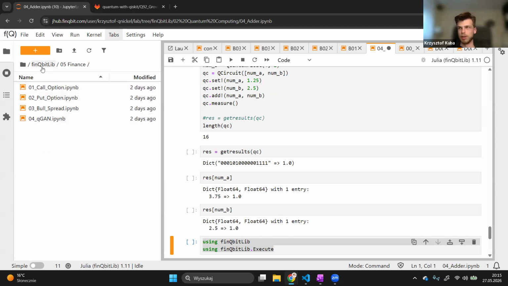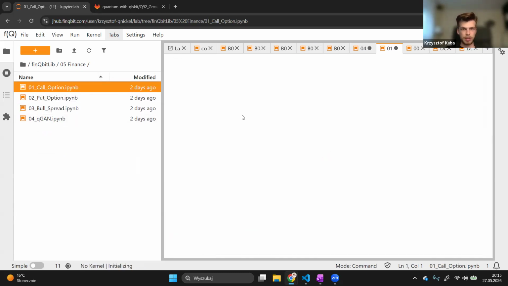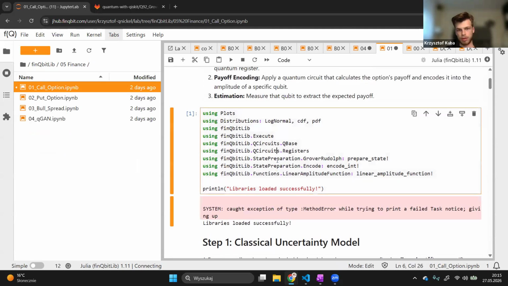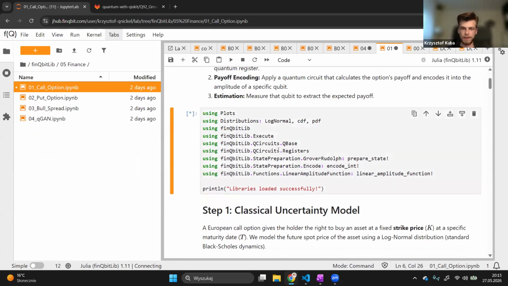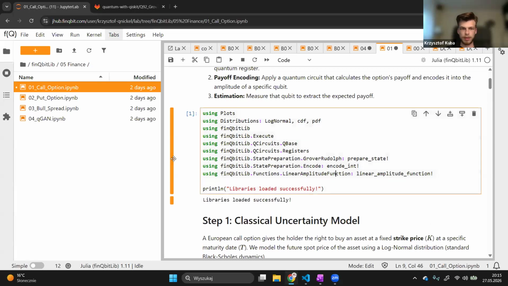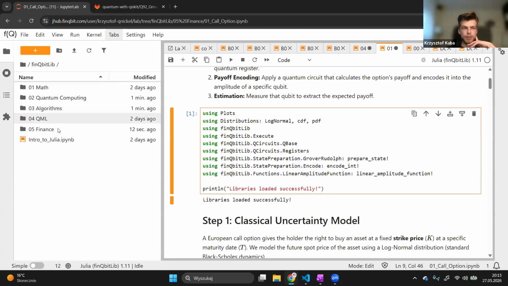Feel free to execute those notebooks. They're in Julia, and we will also work in Julia during Friday's lecture to implement Grover for the MaxCut problem.